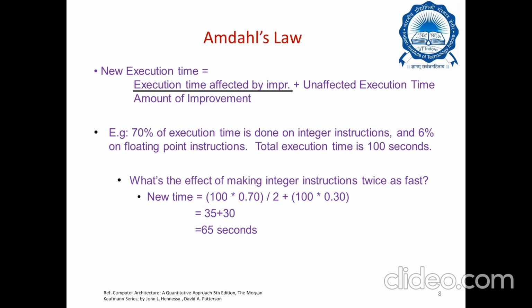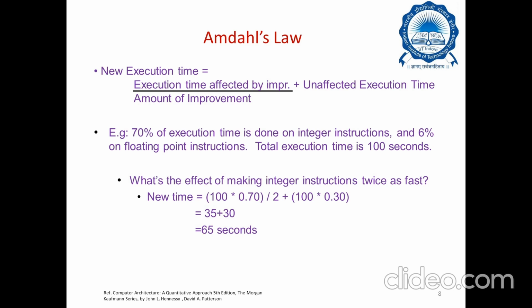So how do we find out the new time based on Amdahl's Law? The new time could be given as execution time affected by improvement, which is 100 times 0.70, because 70% of the execution time is spent on integer instructions, divided by the amount of improvement, because we said we wanted to make it twice as fast, so that's the magnitude, divided by 2, plus the unaffected execution time.